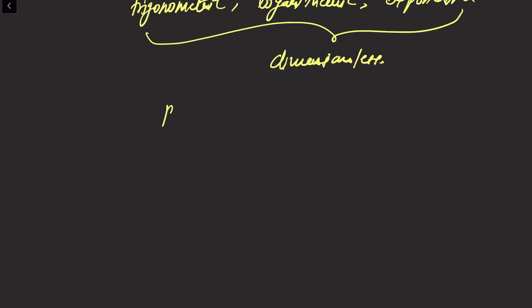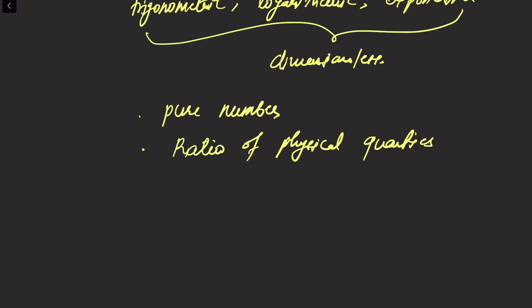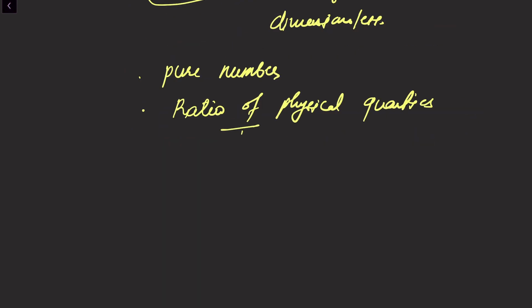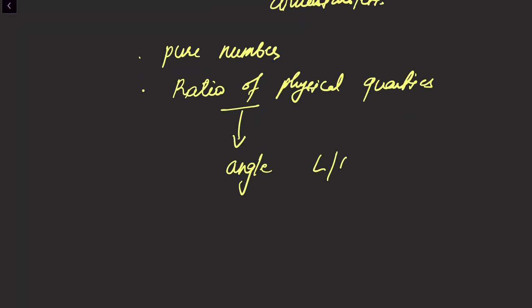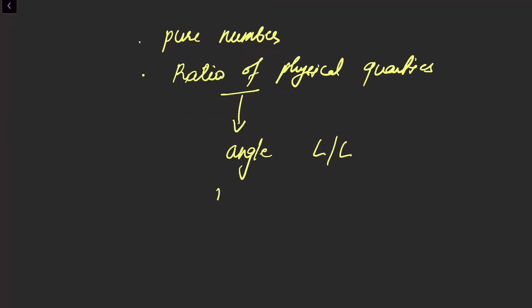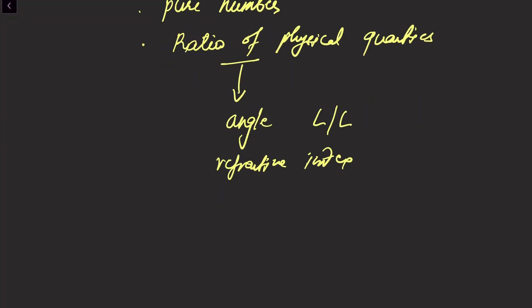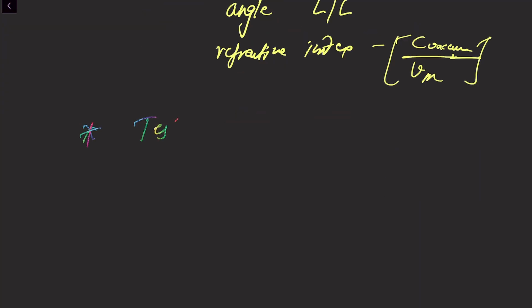A pure number or any ratio of physical quantities such as angle, that is L by L, is dimensionless. Refractive index, what is refractive index? Speed of light in vacuum upon speed of light in any medium. So these are also dimensionless quantities. Now let us test the dimensional consistency or homogeneity of the equation.